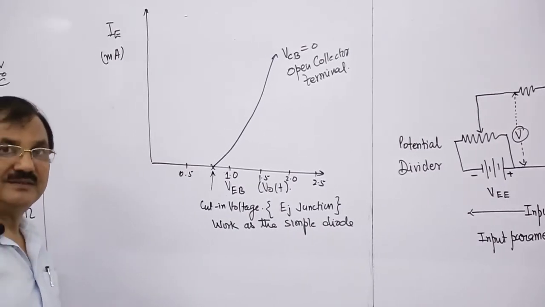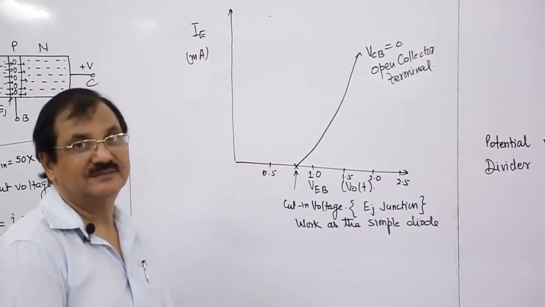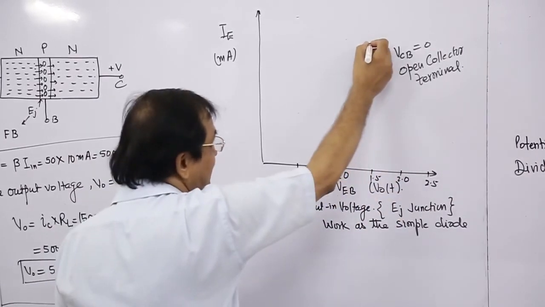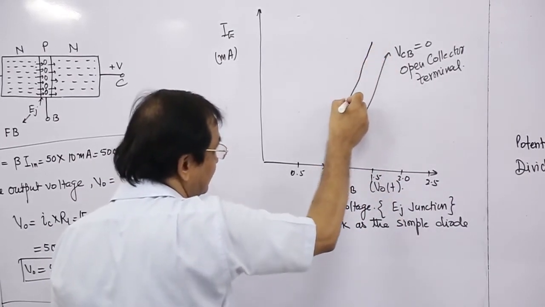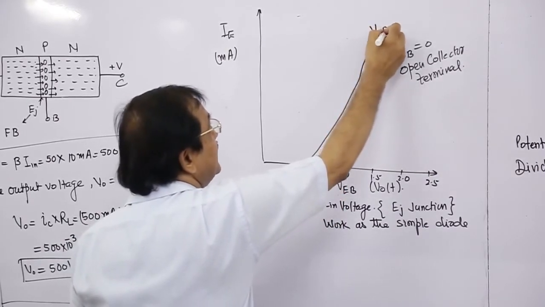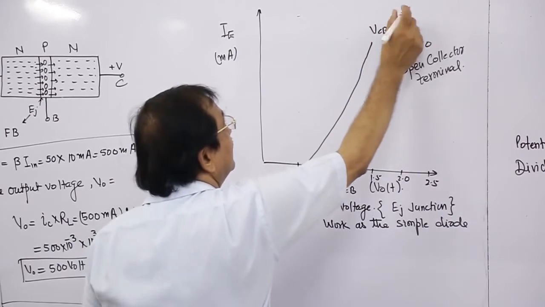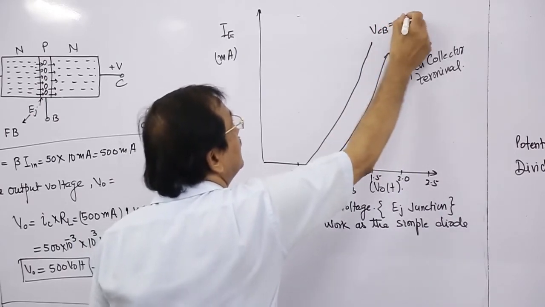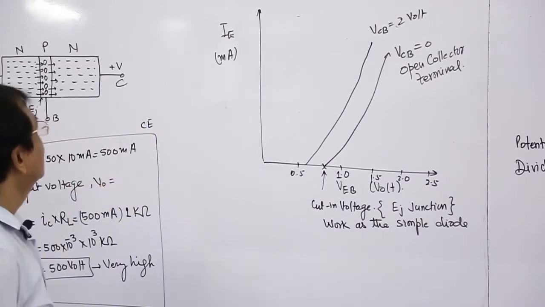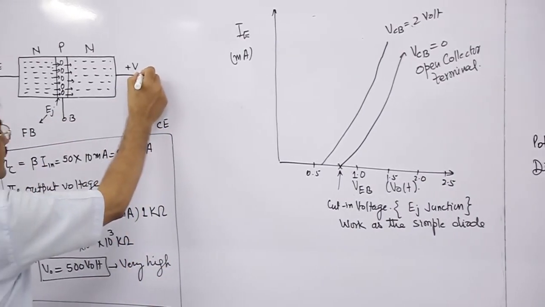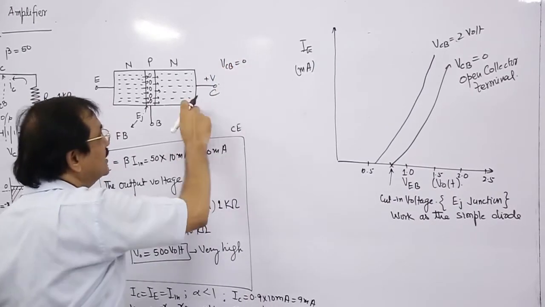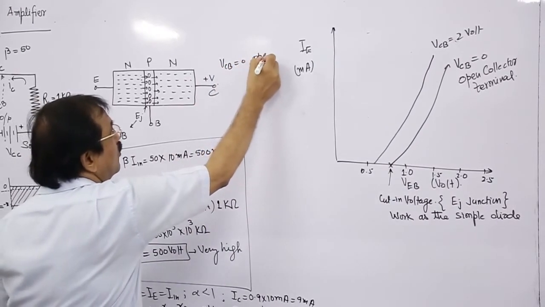What will happen if we increase the voltage? Suppose VCB is 2 volt. Earlier at this point, VCB was 0, that is open.